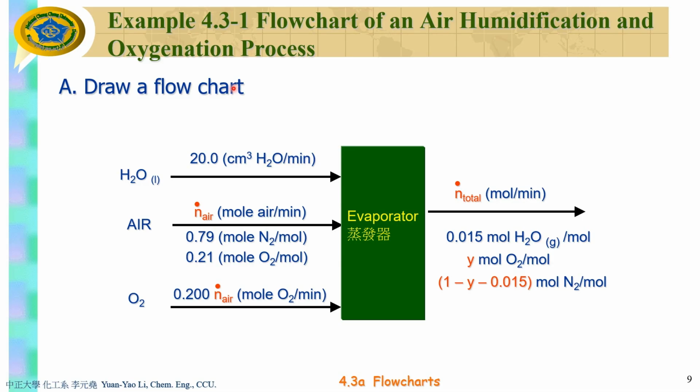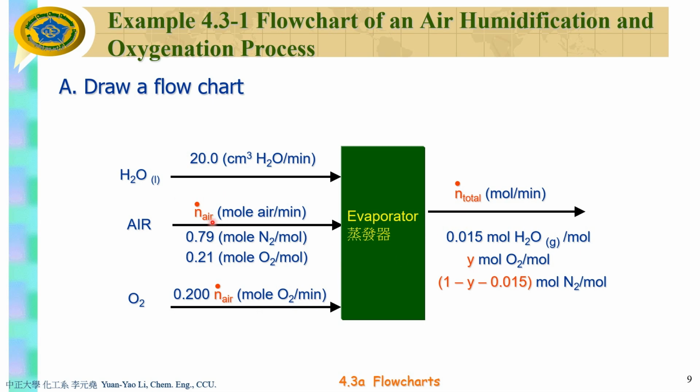So because of the conservation of mass, water input will equal water output. Oxygen input will equal oxygen output. Nitrogen input will equal nitrogen output. So you have three equations, and you can solve three unknowns.